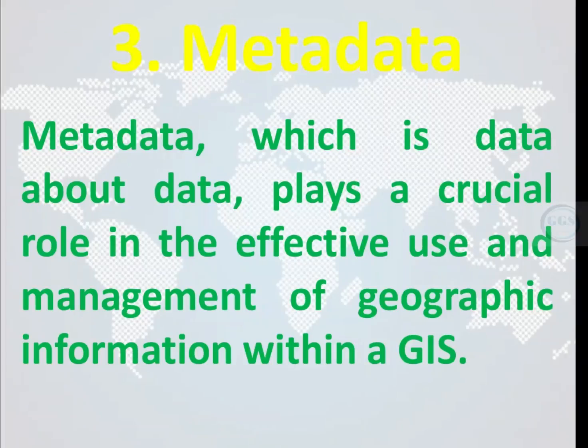Then number 3 type of data in GIS is what we call metadata. A metadata simply means more information about the data, or data about the data. So what that means is that when you collect your data, the more data that tell us about the data is what we call good data, and they play a crucial role in the effective use and management of geographic information within GIS.